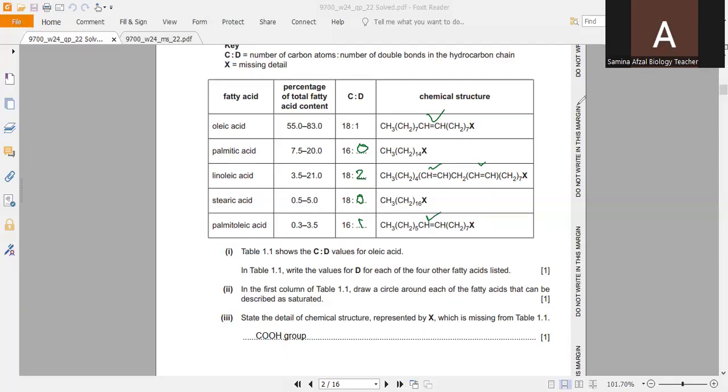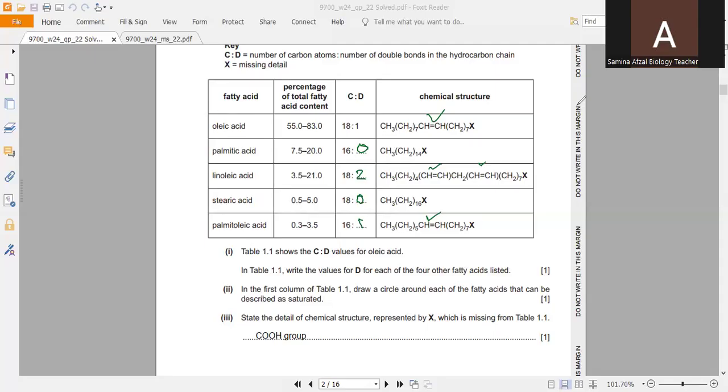The next question is: in the first column of table 1.1, draw a circle around each of the fatty acids that can be described as saturated fatty acids. First of all, I would like to tell you what saturated fatty acids are. Saturated fatty acids are those fatty acids which don't have double bonds between their carbon atoms.